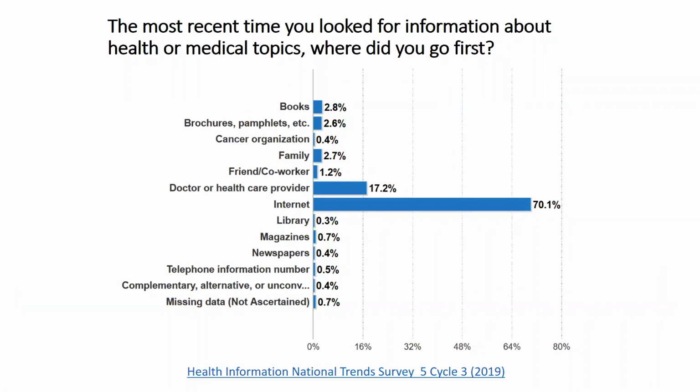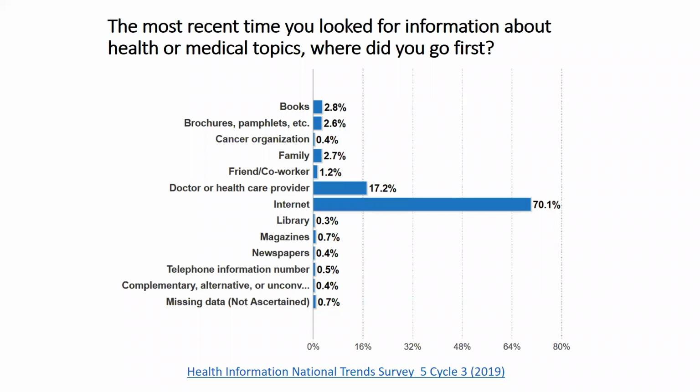One of the questions they asked the participants was where they went first the last time that they looked for health information. You can see here the results are pretty similar to yours. Obviously they had a larger survey pool, but 70% said they went to the internet first, about 17% went to a healthcare provider, and then a smaller percent used books or pamphlets or family and friends.